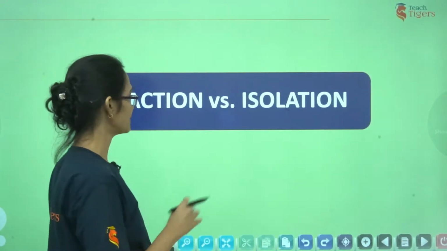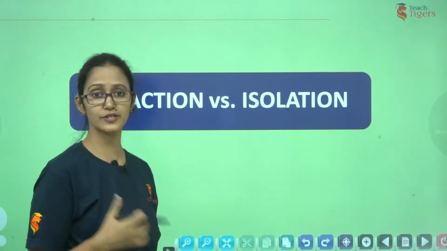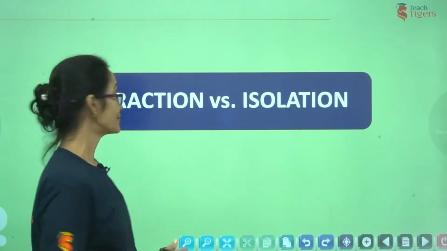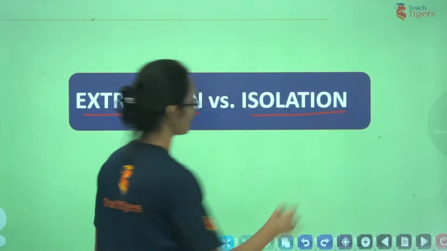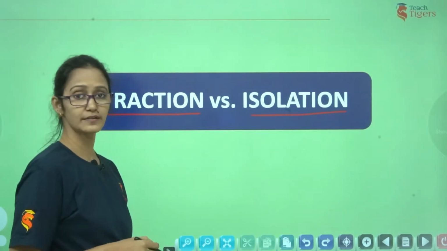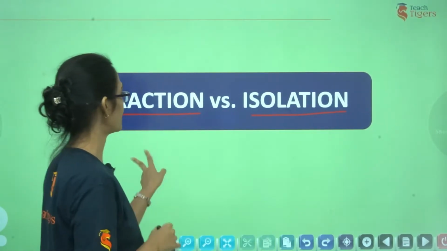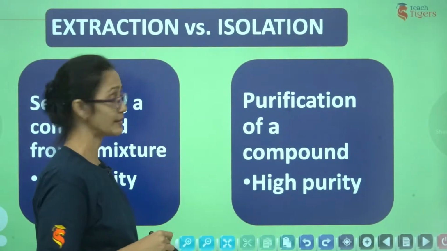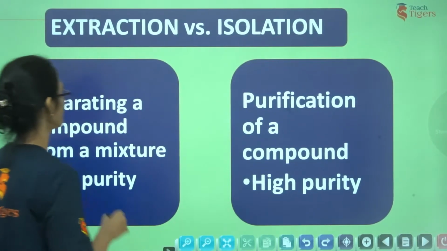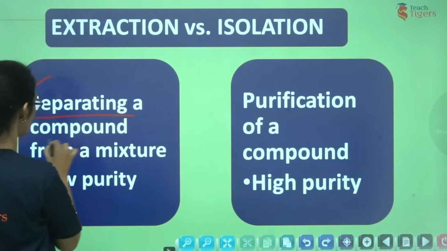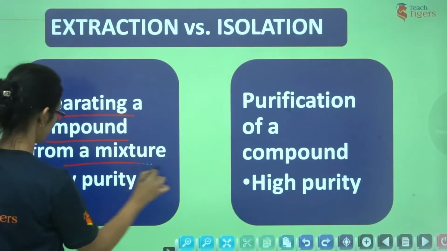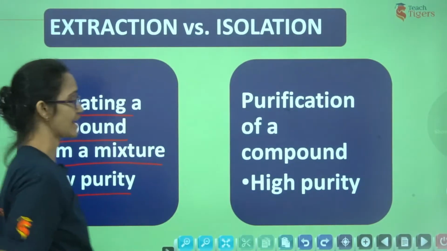Before getting into the steps of isolation and purification of DNA, can you tell me the difference between extraction and isolation? How are they different from each other? These are two similar words, but they are not really identical. They don't have an identical meaning. Extraction is a process of separating a compound from a mixture, which has low purity.